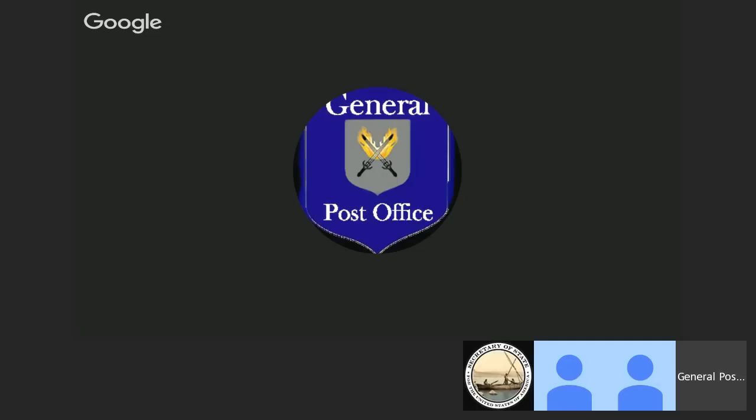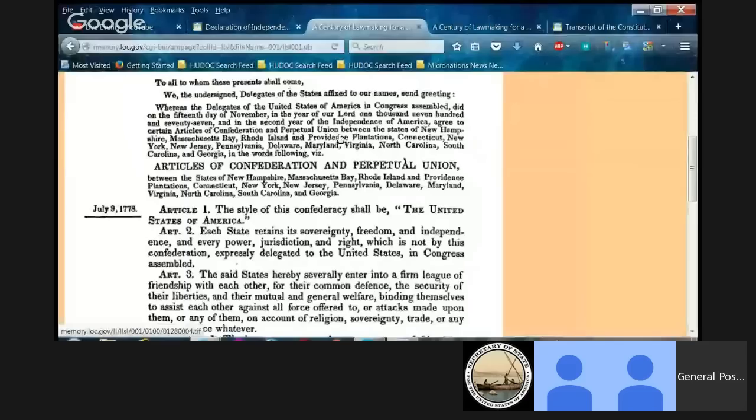So they notified the independent states, and they said that they were sovereign states doing business under this entity right here. Because this was 1778, and the last Articles of Confederation was done in 1781. I'm just showing you the 1778 one.